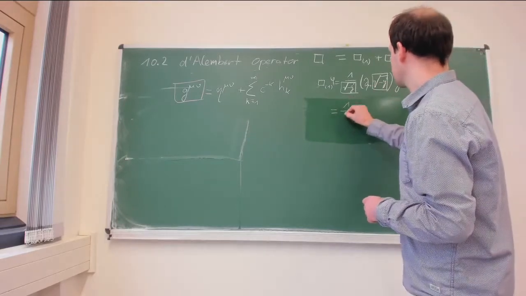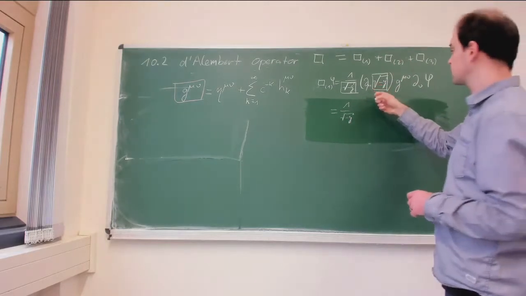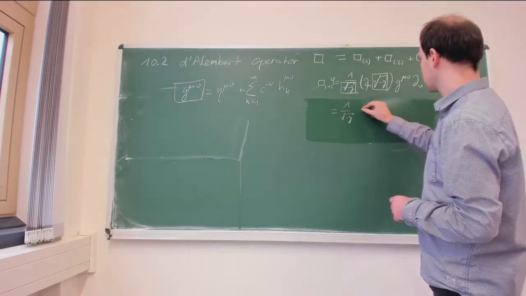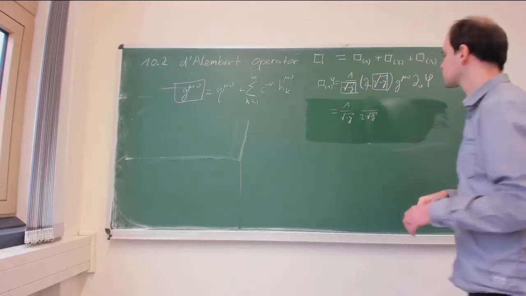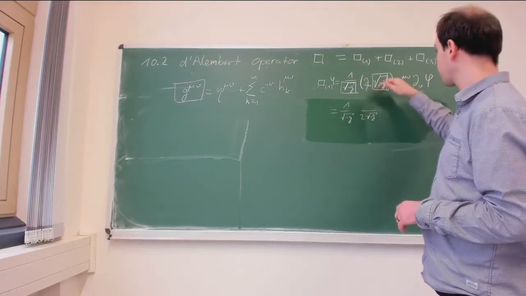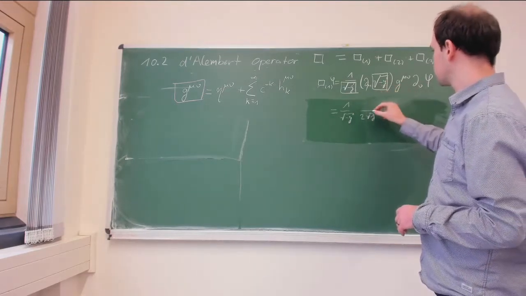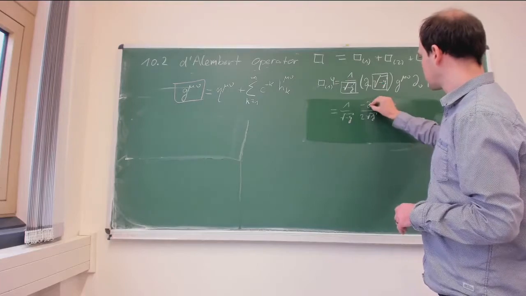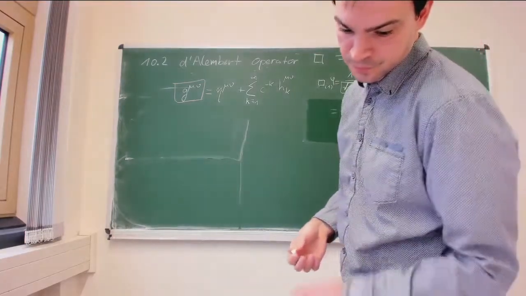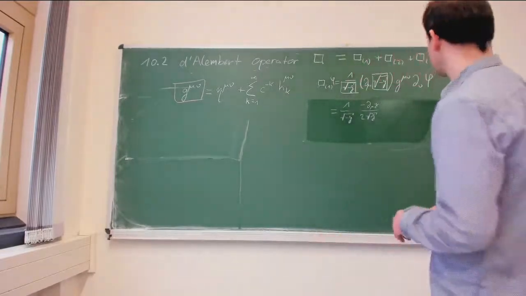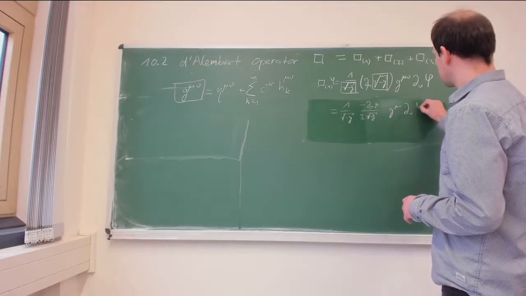So here we get 1 over the square root of minus g, and then we have to take the inner derivative, which is minus the derivative of g, and G mu nu d nu phi.